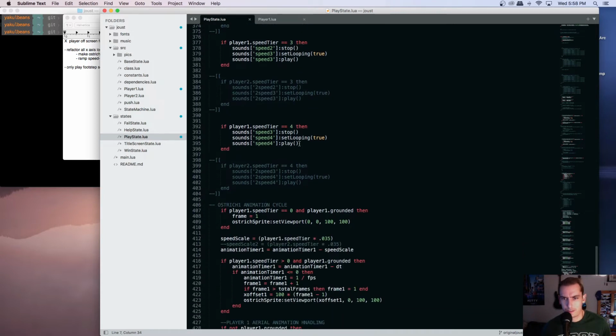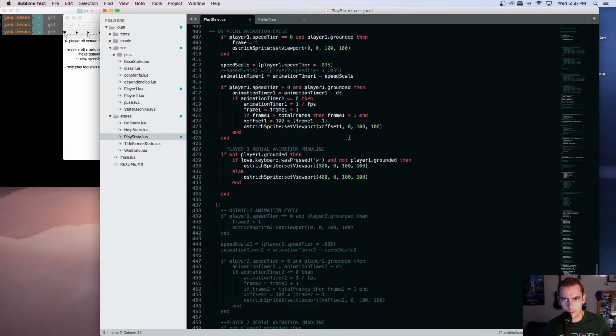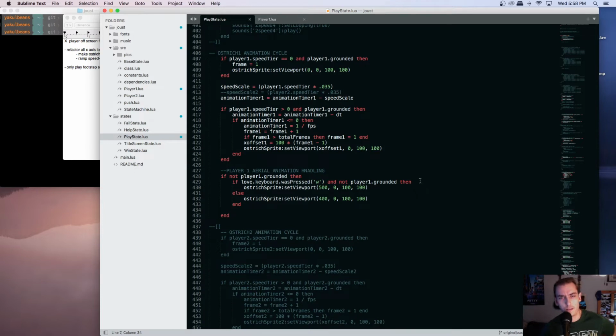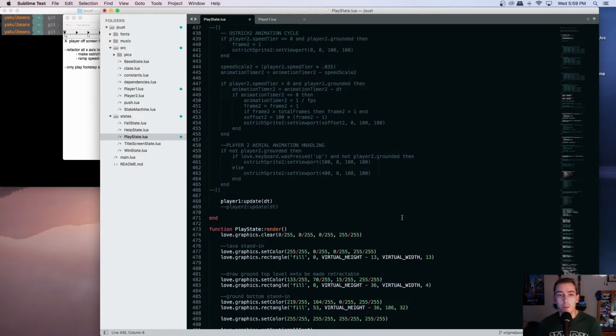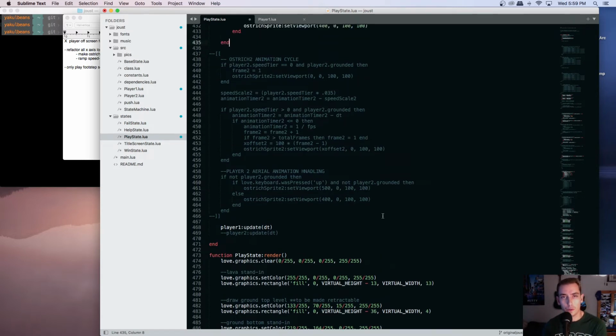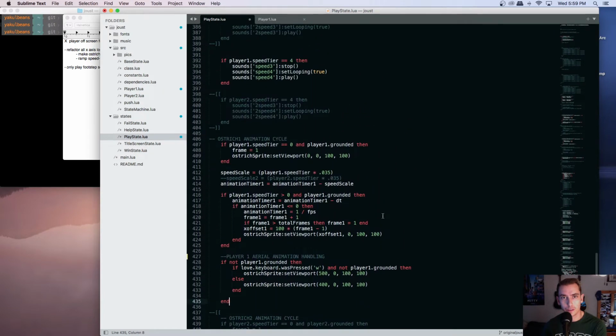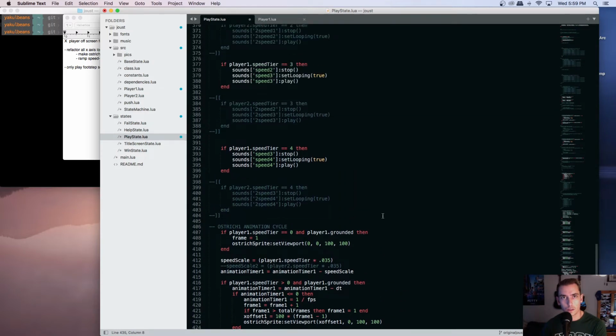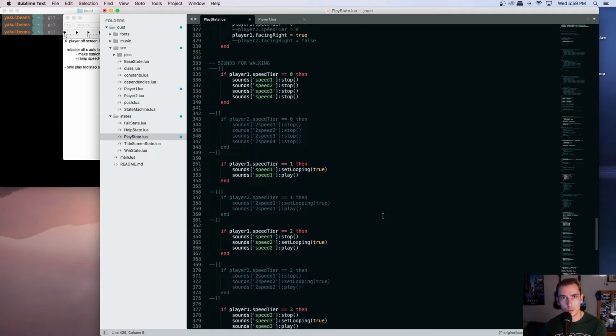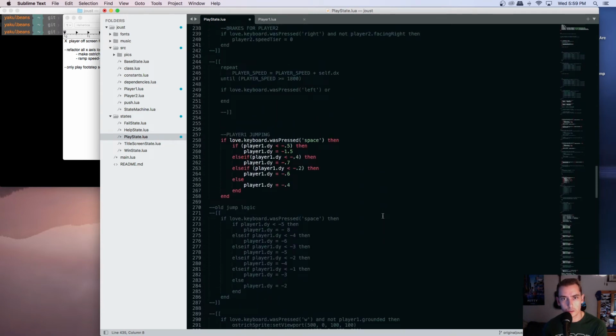So I guess part of me feels like most of this code that's currently in the play state should be shifted to the player class.